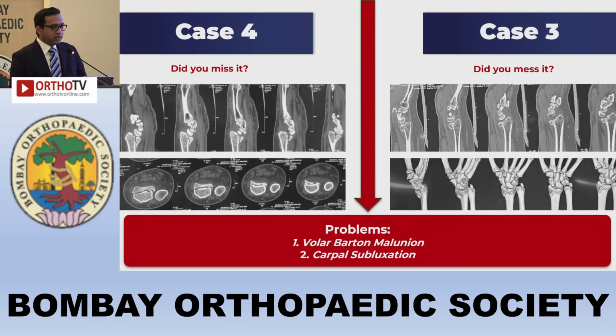So one was operated, similar X-ray. One is treated conservatively. Both have the same problem: malunion, volar Barton, and the entire carpus is subluxated. And more or less a similar time duration, 4 months from the injury. How to proceed now?